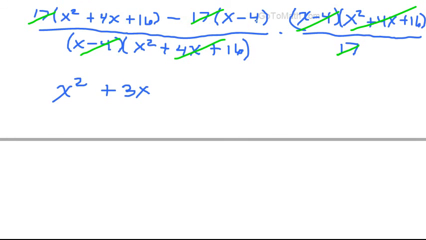That'll make that a positive 4 if we distribute the negative across, so that's going to be a 20 there. Right, 16 plus 4 is 20. Wow, that's what we needed to do. So it would have been kind of a mistake to multiply the 17 all the way across, right? Because then it'd be a big waste of time. Alright, so we have x squared plus 3x plus 20.